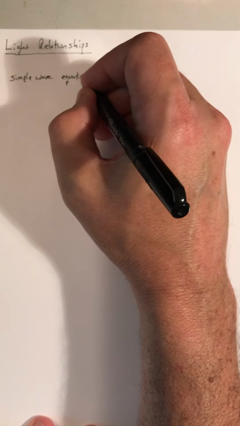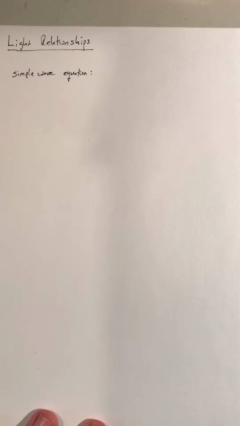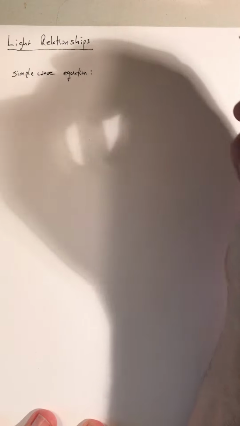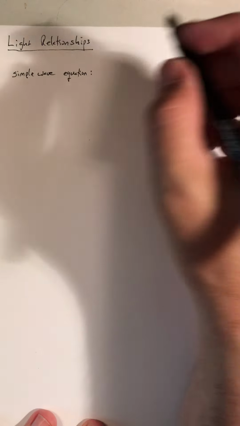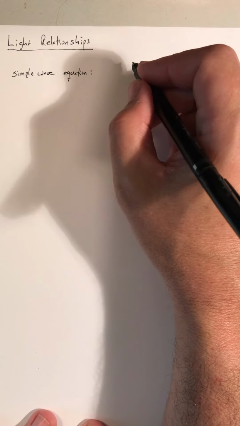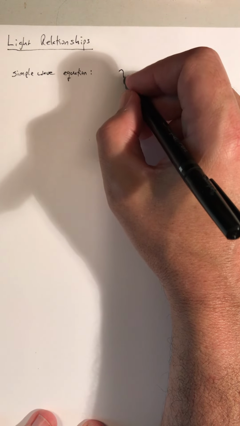And the simple in the simple wave equation means that the speed that the wave propagates at is independent of wavelength or frequency. So it's not the way all waves are, but that's the way a lot of them are. Sound waves, waves of light, all would be a simple wave equation.